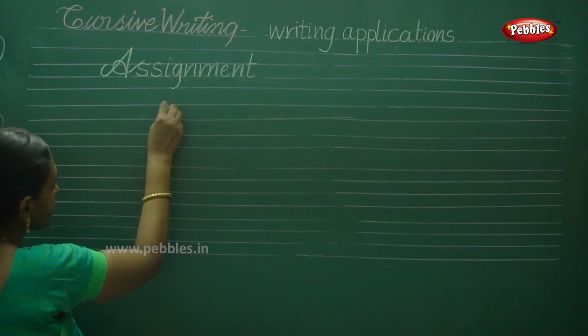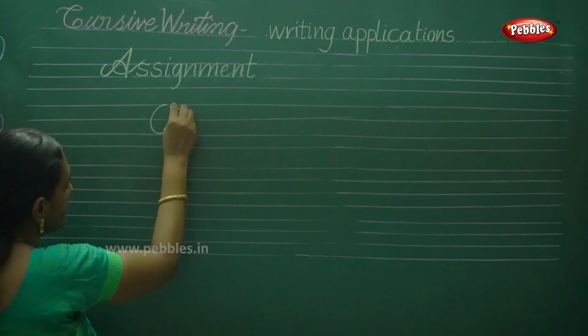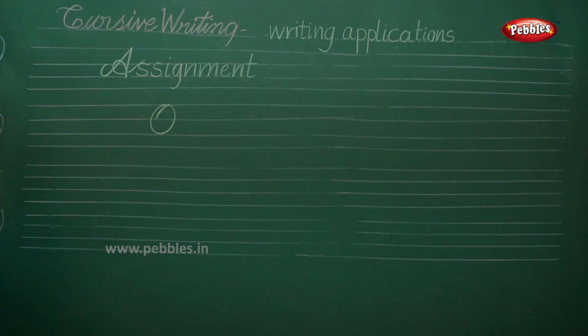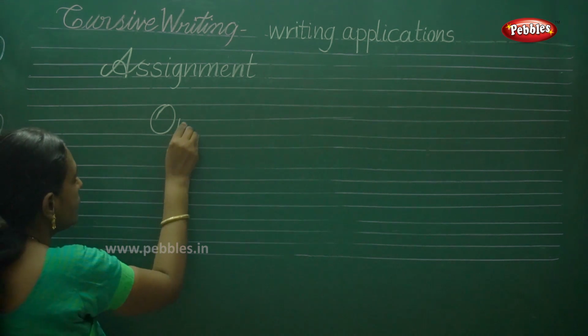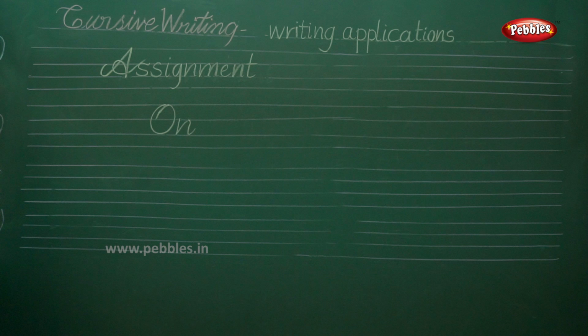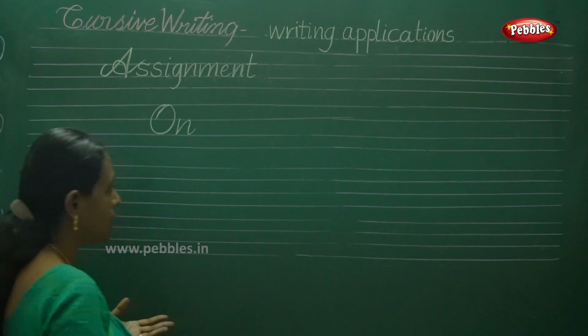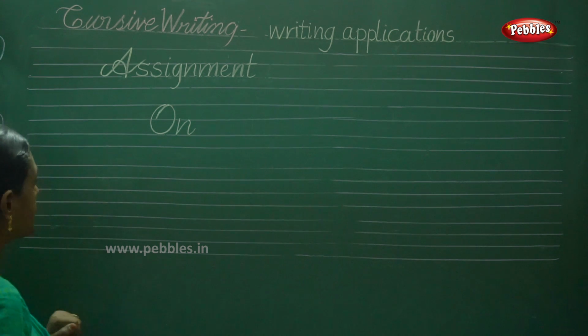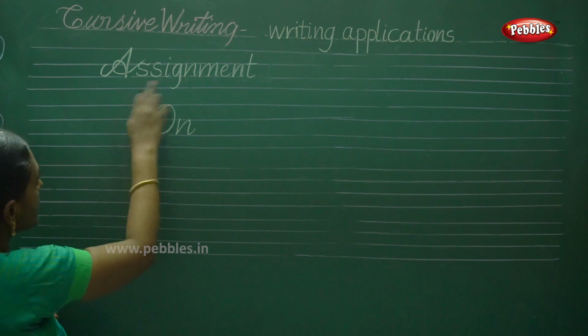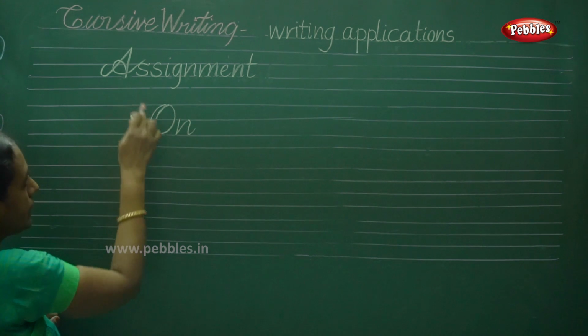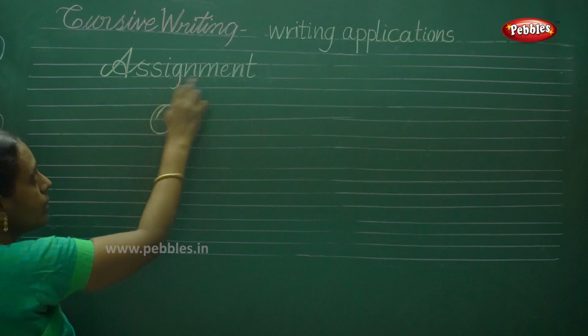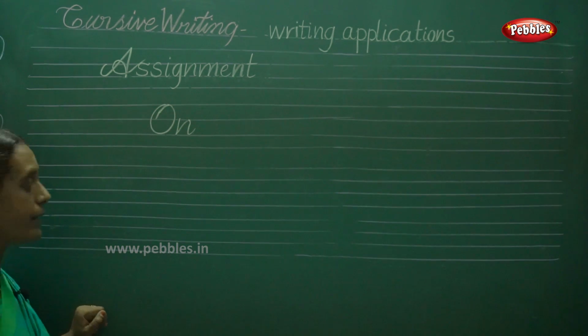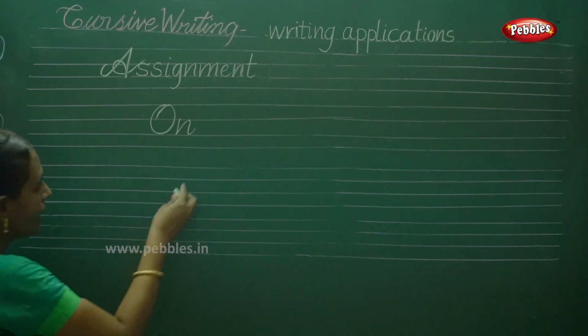So cursive O, cursive capital O and split N. Okay, assignment on English. Whatever your subject, your favorite subject or anything in your project or assignment sheet, assignment, this is the cursive capital and this one is the cursive capital. All these are the split handwriting format, and English.